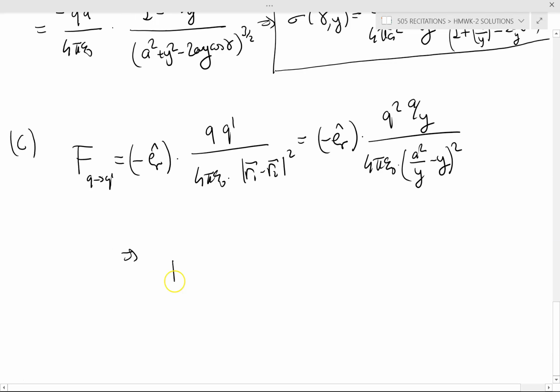F is equal to minus e_R Q squared a y over 4 pi epsilon 0 times a squared minus y squared to the power of 2.